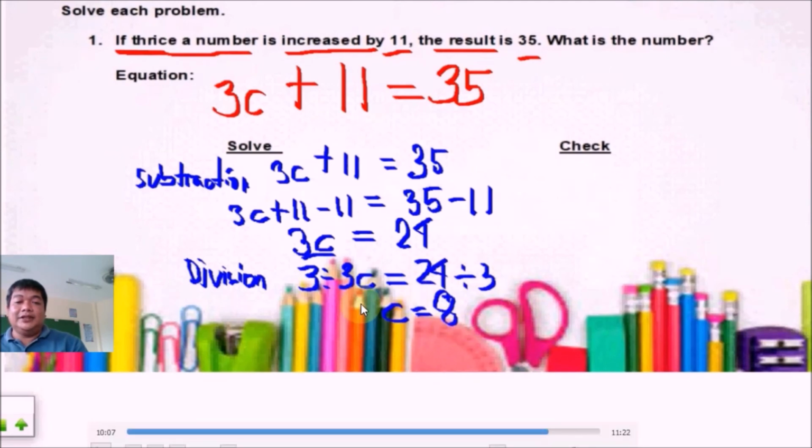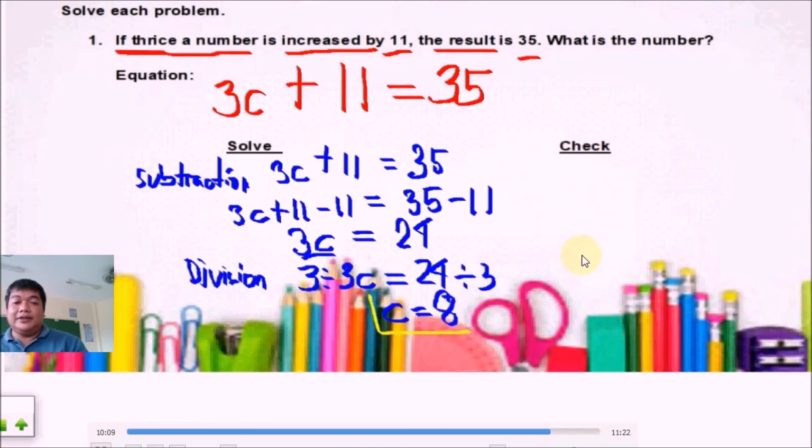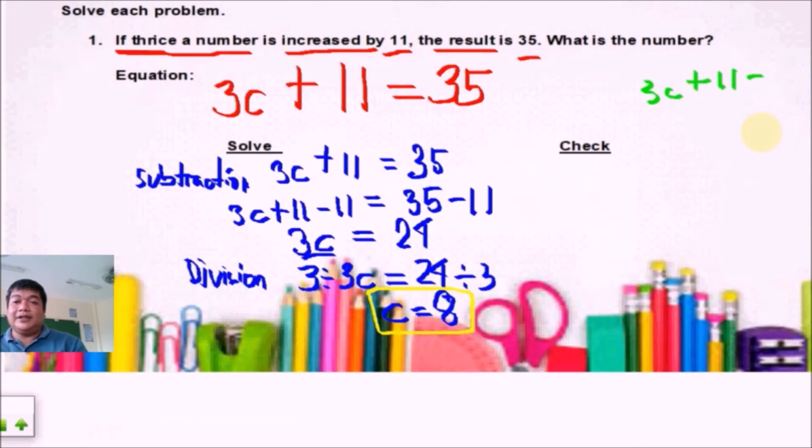Does the value of c satisfy the equation? Let us check if this value of c is correct. We're going to substitute the value of the variable. We have here 3c plus 11 equals 35.